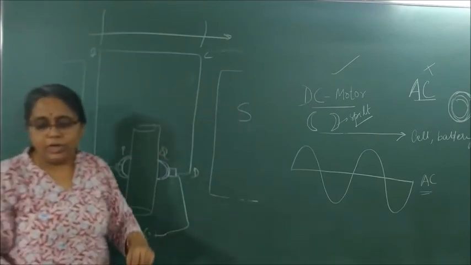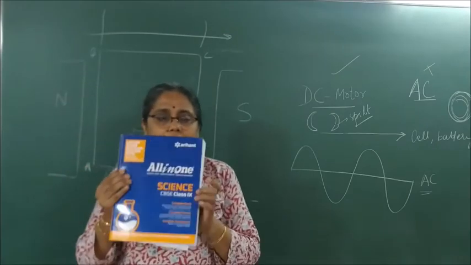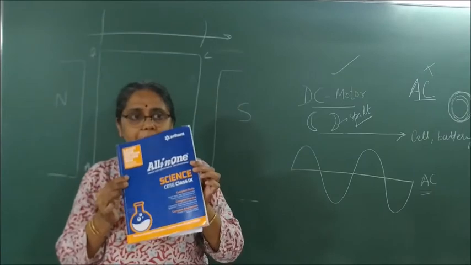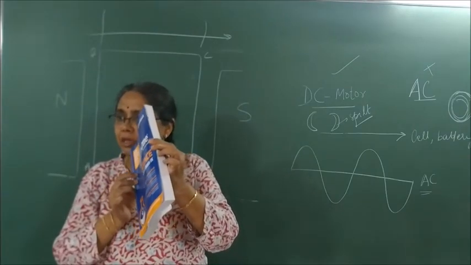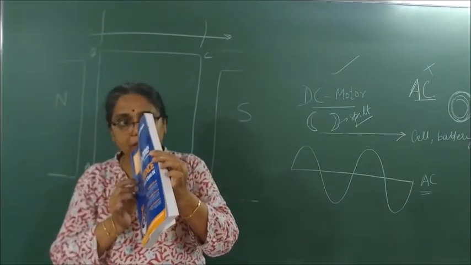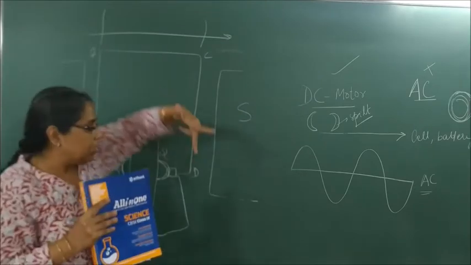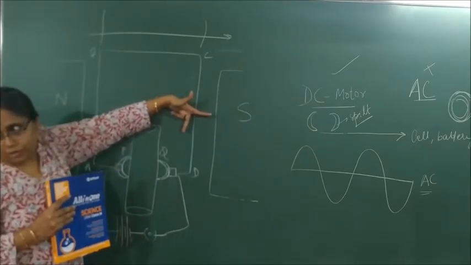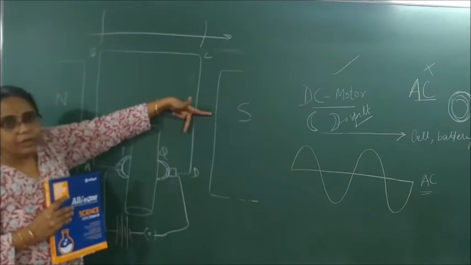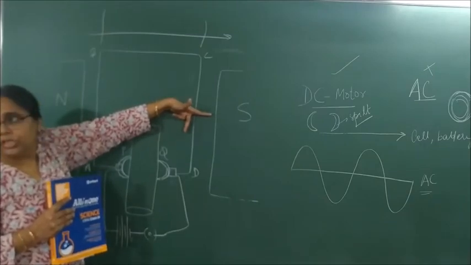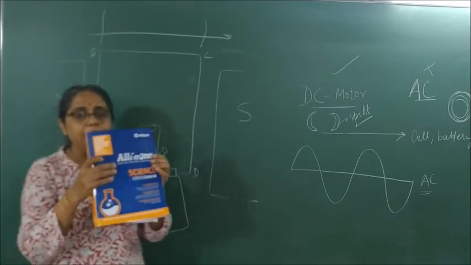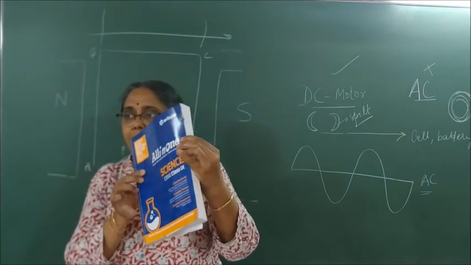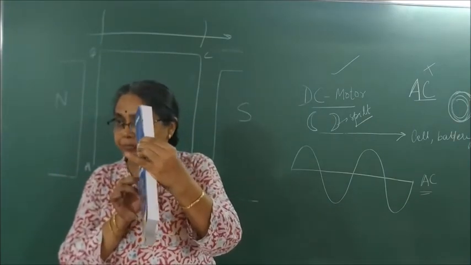Upward. So what happens here is, this arm CD moves up and the arm AB goes down. Why? Because the conductor is having the current downward, its magnetic field is pointing towards north and south, and the movement of the conductor or the magnetic force is upward. So the arm CD moves up and the arm AB goes down.